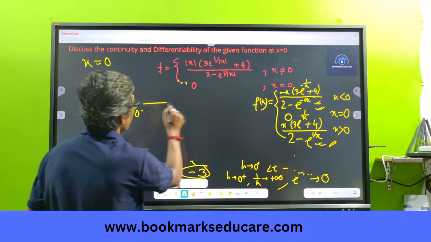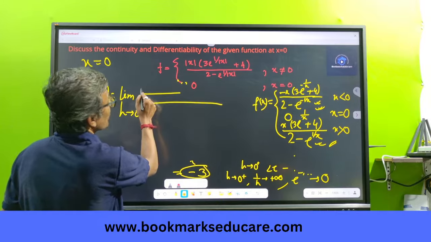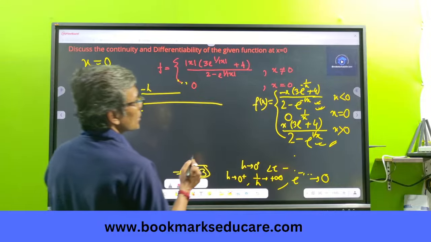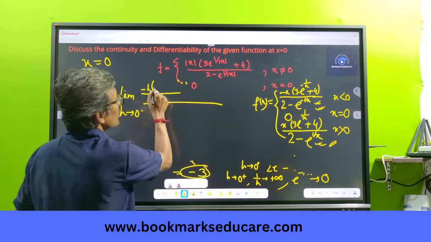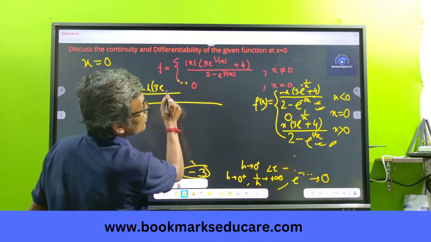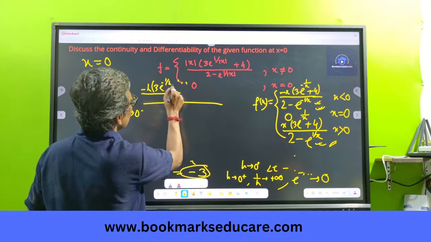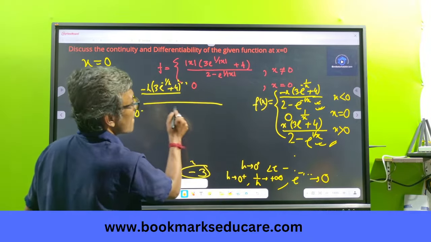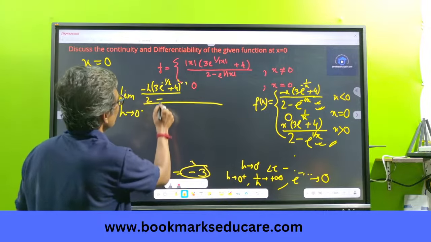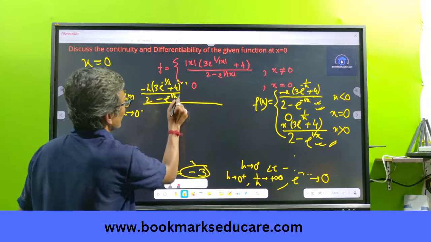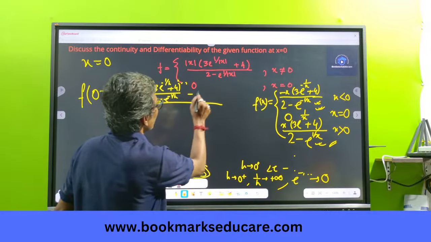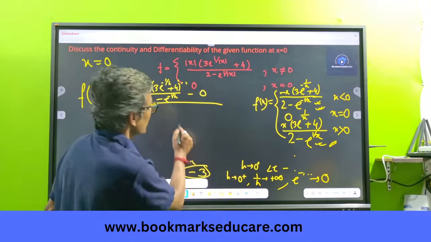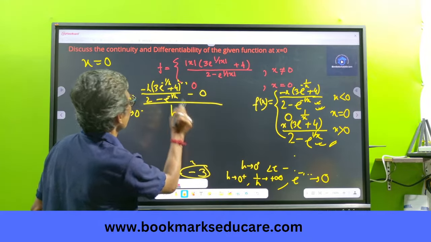So minus h, minus 1 by h plus 4, 2 minus e to the power minus 1 by h, minus 0, because f of 0 means 0, by h.